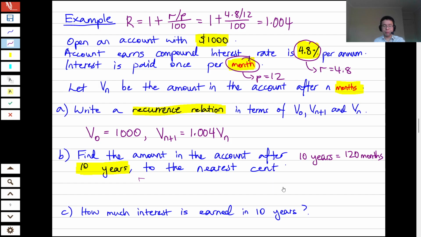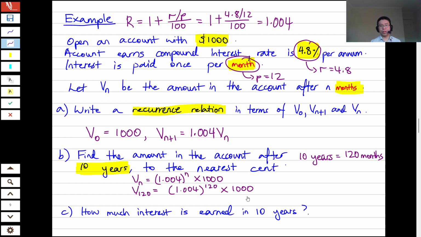So once we've remembered that, we can proceed as we did with the previous question. We start by writing a rule. Vn equals 1.004 to the power of n times 1,000. Which means V120 is 1.004 to the power of 120 times 1,000.